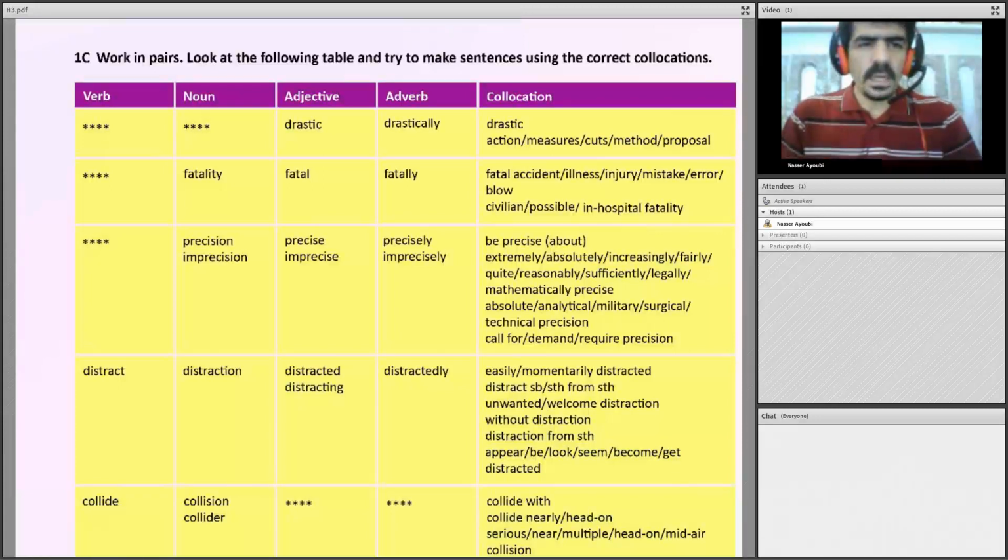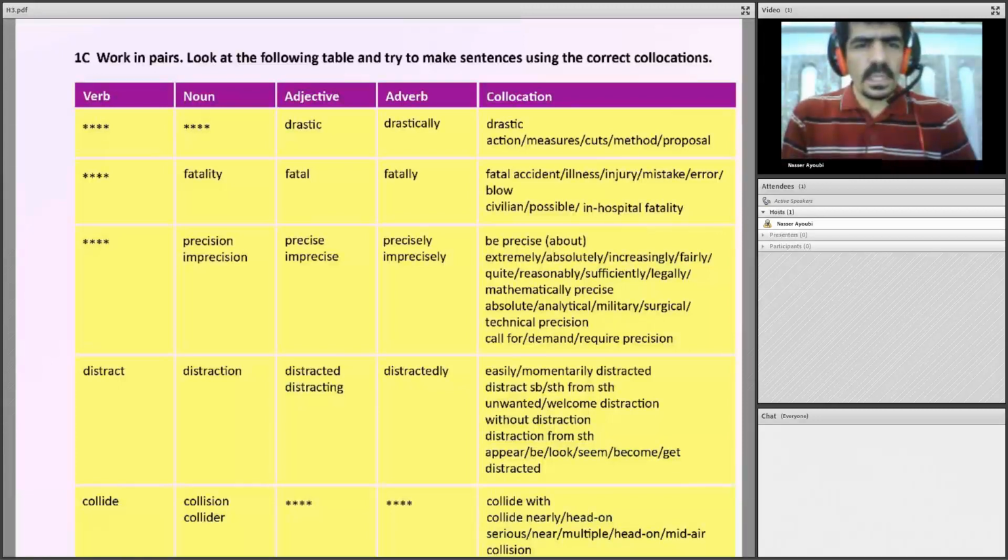Part 1C, look at the following table and try to make sentences using the correct collocations. Please take a listen. I'm going to read the words one by one, and then I will continue with making a couple of sentences for some of the combinations or collocations.